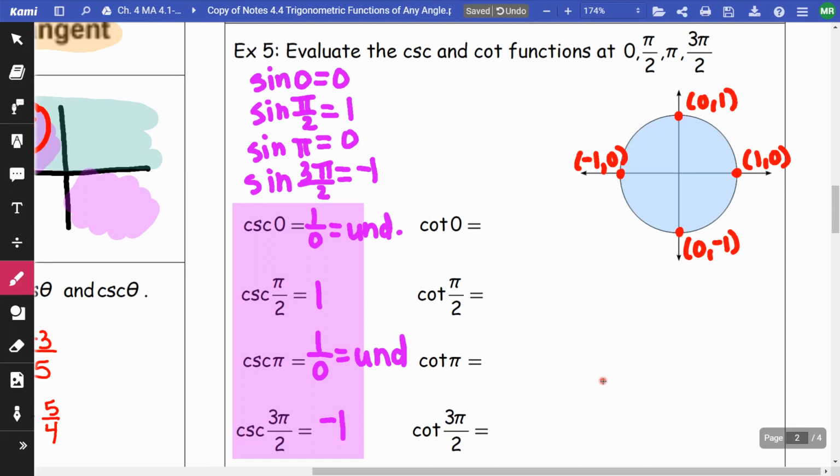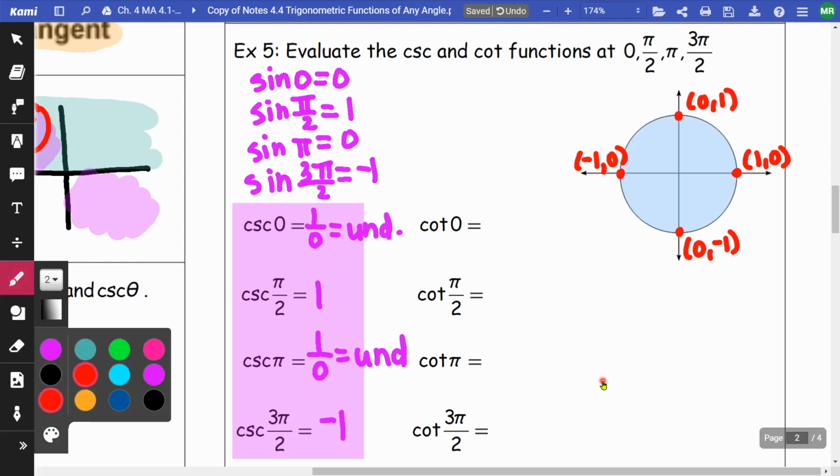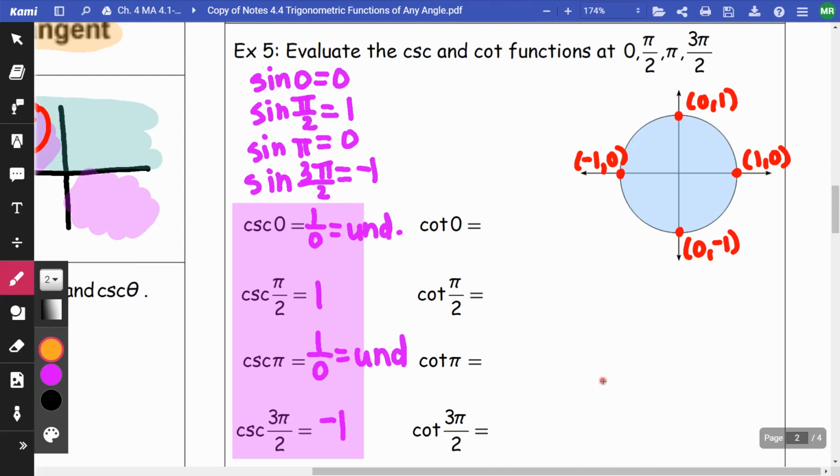Cotangent. Okay, now for cotangent, I could find the tangent, but what I want to remember is that cotangent of an angle is the x over y. So I'm just going to take the x over y. So for 0, I'm going to have 1/0, which is undefined.